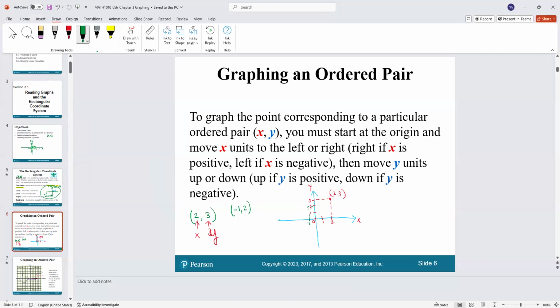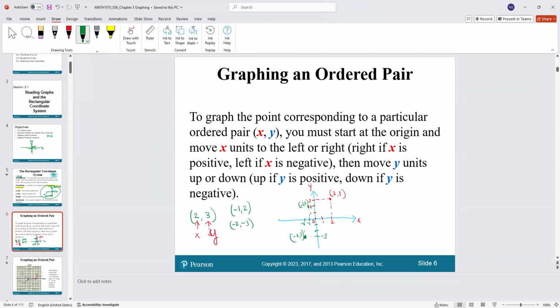So you see the intersection between negative 1 and 2 is right here. Or they could ask me to graph maybe (-2, -3). So both of them negative. X is negative 2 and Y is negative 1, negative 2, and negative 3. So you see, putting it right there, this would be my (-2, -3).